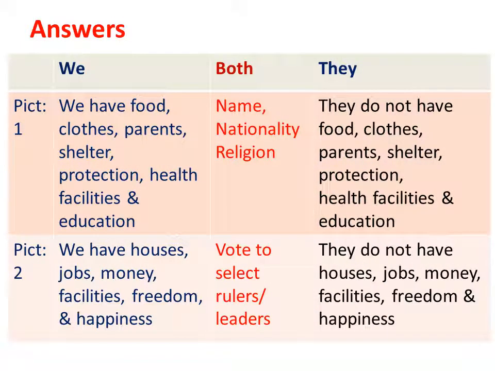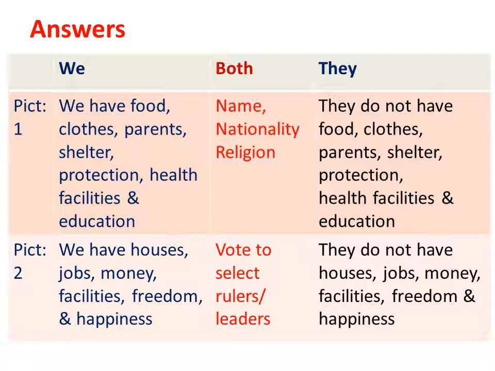The first picture. There we have food, clothes, parents, shelter, protection, health facilities, and education. But do you think those children have got them? I don't think so. I think they do not have food, clothes, parents, shelter, protection, health facilities, and even education.